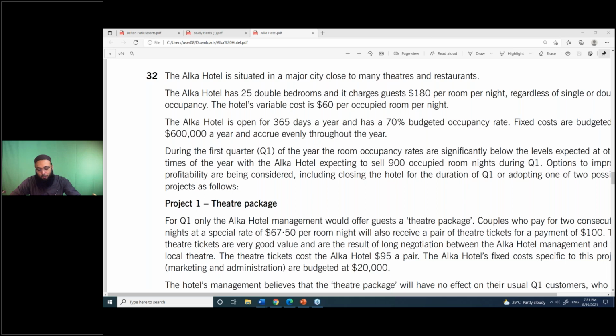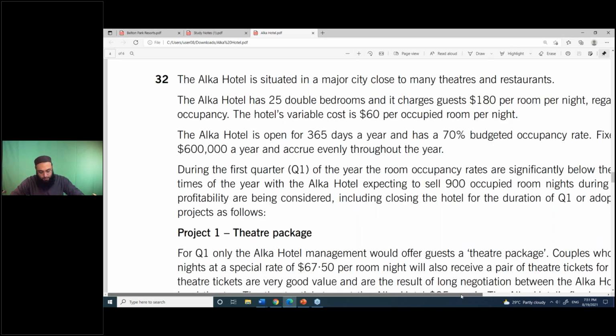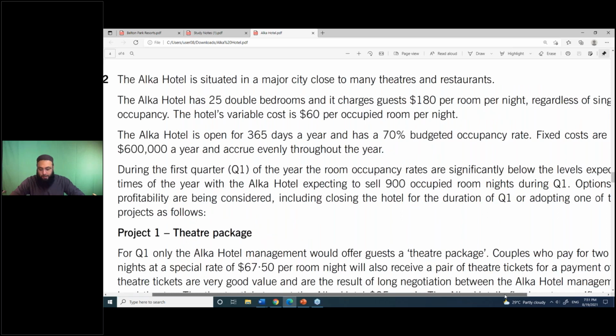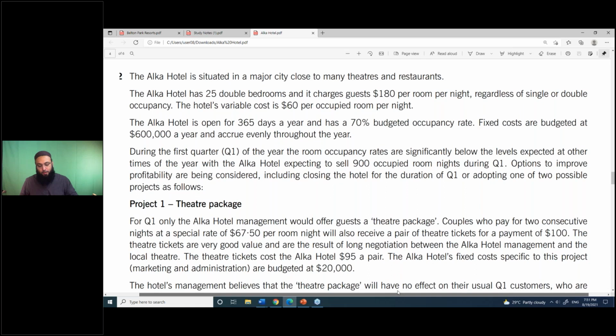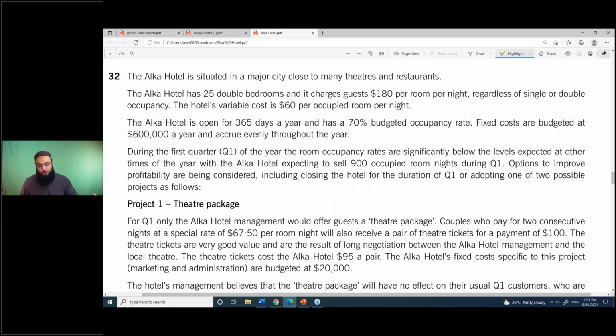Let's begin with this question again of CVP analysis, and here you are. Now, the Alka Hotel is situated in a major city close to many theaters and restaurants. The Alka Hotel has 25 double bedrooms and it charges guests 80 per room per night, regardless of single or double occupancy.